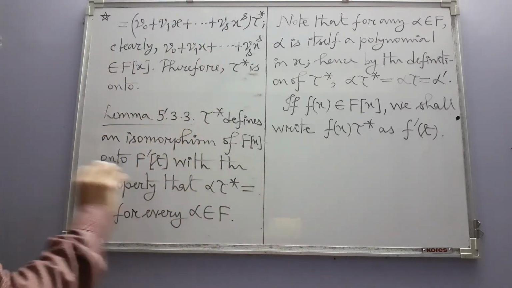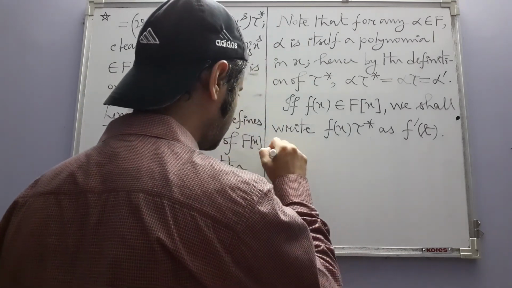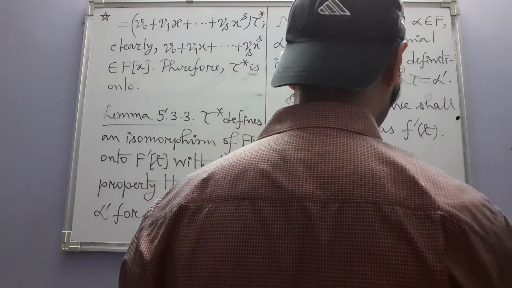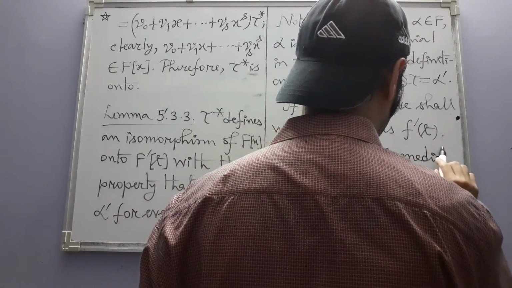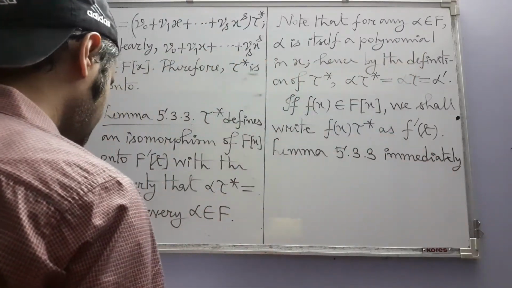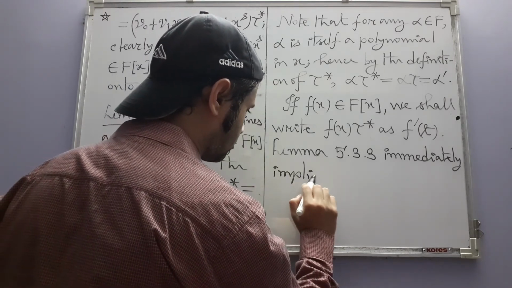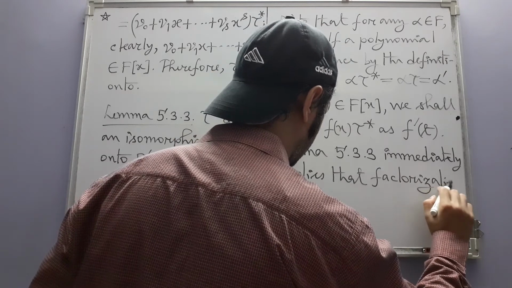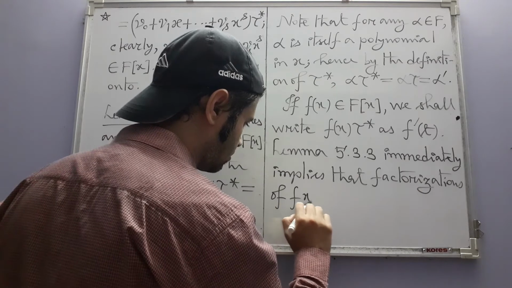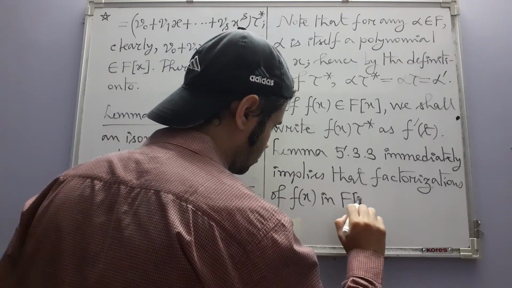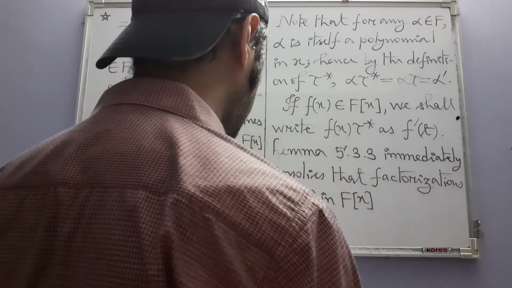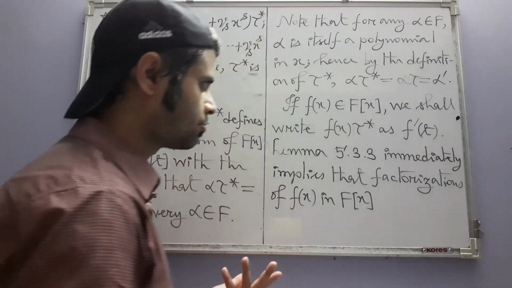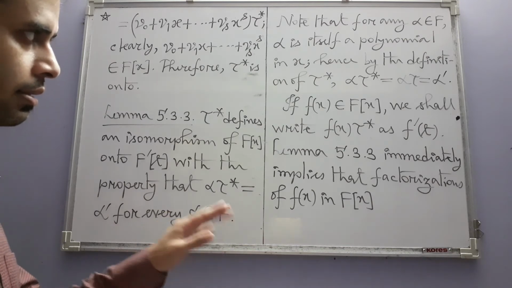So what does this lemma say? This lemma tells us, in the language of Herstein, that factorizations of f(x) in F[x] correspond to factorizations of f prime(t), that is, the image of f(x) in that other polynomial ring, simply because these two polynomial rings are isomorphic, and not just that, the underlying fields are also isomorphic.